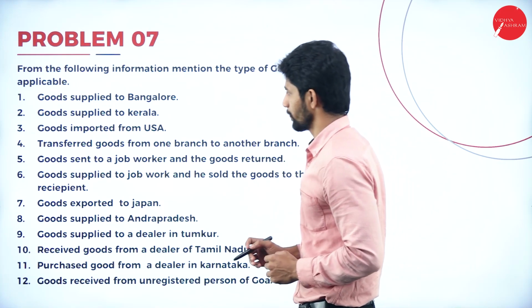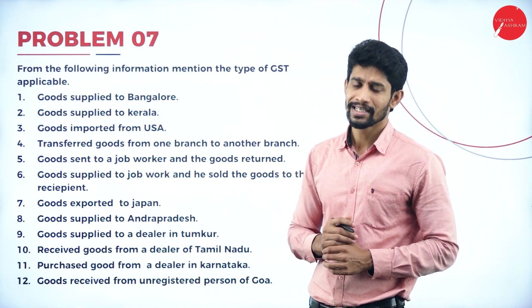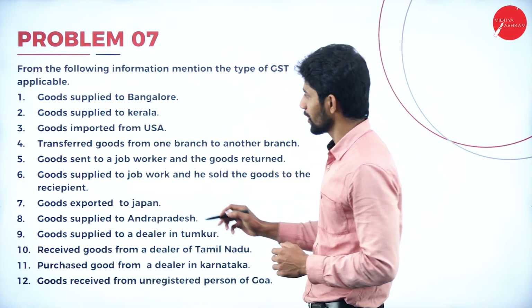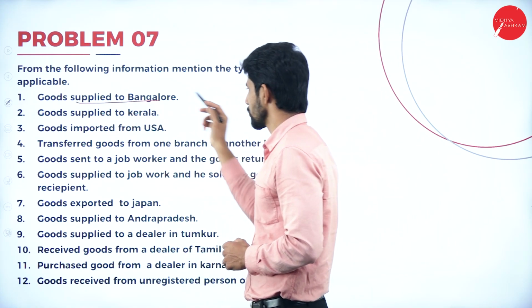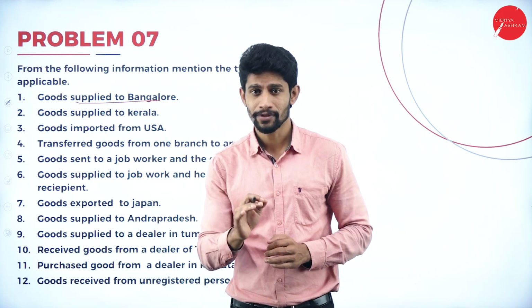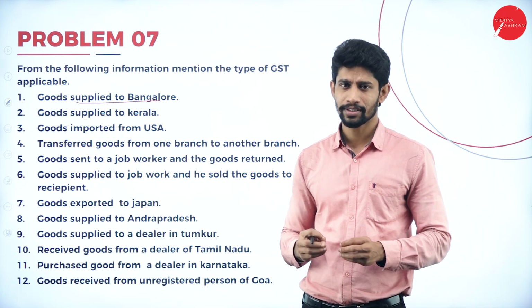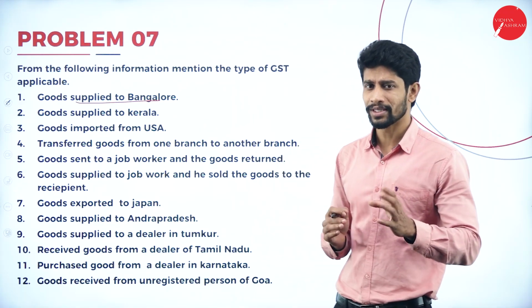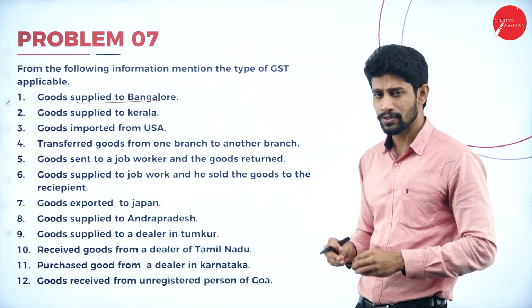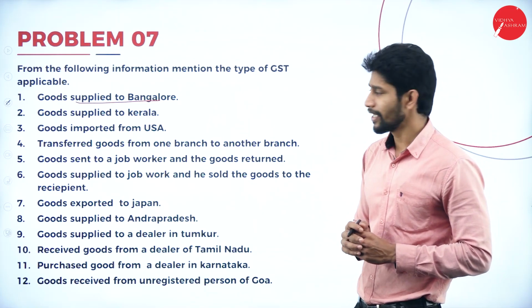Looking into the first point, goods supplied to Bangalore. Here the goods are supplied to Bangalore and the place of supplier is not mentioned. If the place of supplier is not mentioned, you have to assume that the transaction is happening within the state and the supplier is also in Karnataka.